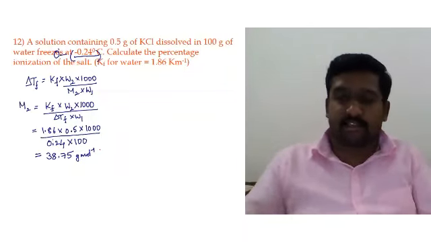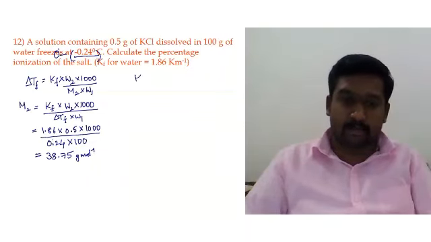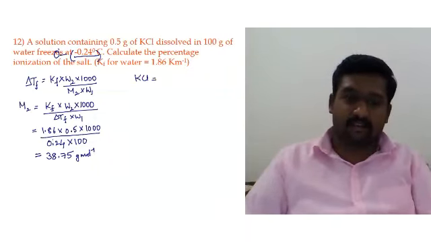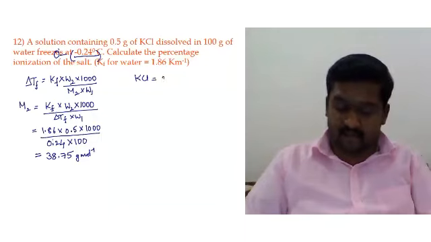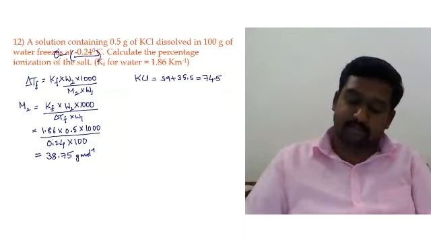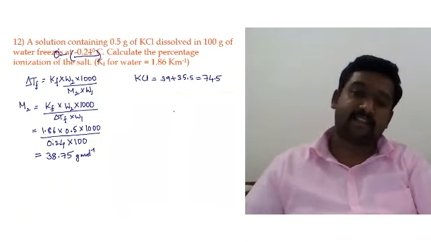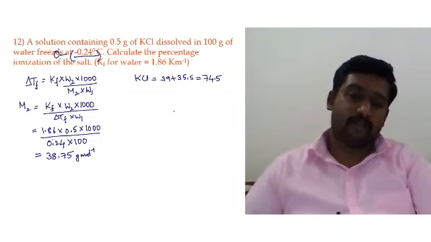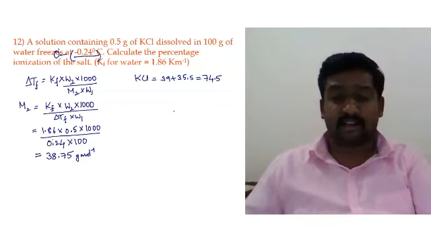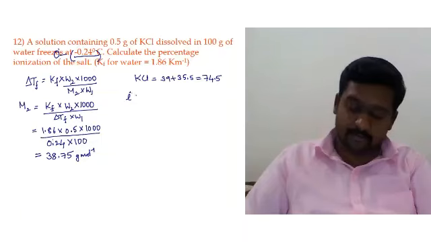which is a wrong answer, because KCl is well known for anybody. KCl is the sum of K and Cl. 39 plus 35.5 will give you 74.5. This must be the molecular mass. The calculation would have given the right answer as 74.5, but we have found the answer as 38.75. So what is the value of i?